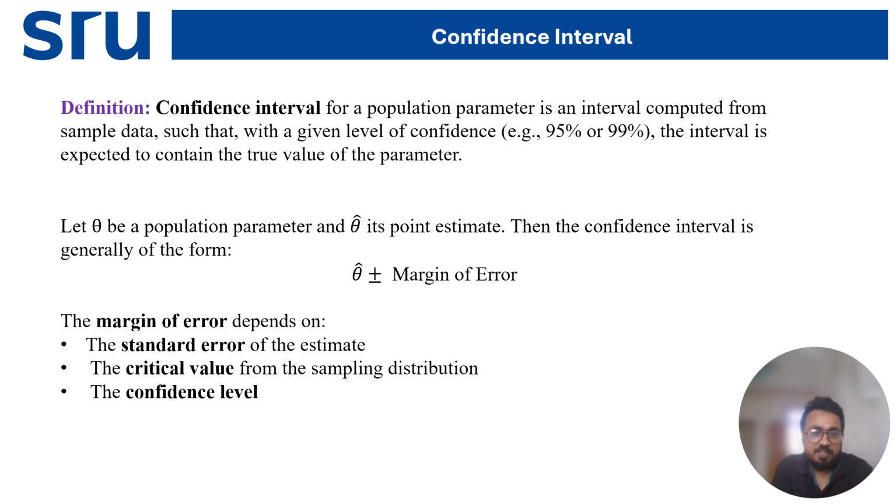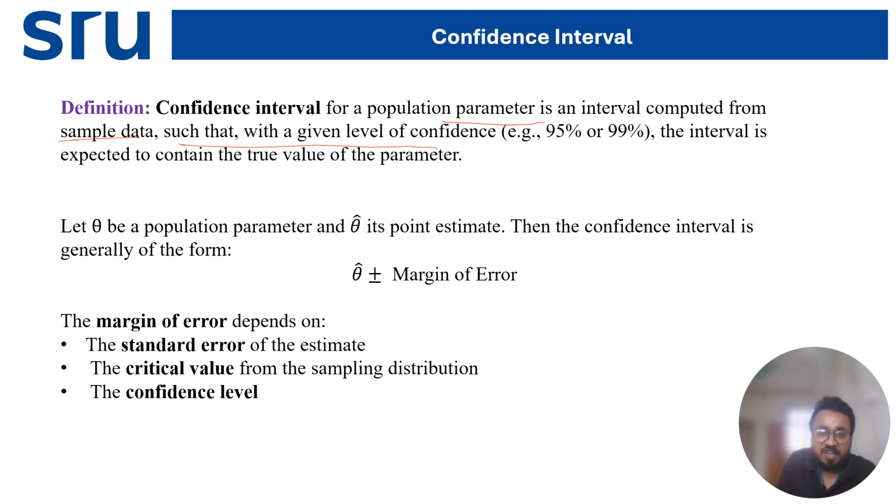So now we will define the confidence interval. The confidence interval for a population parameter is an interval computed from the sample data such that with a given level of confidence, say 95% or 99%, the interval is expected to contain the true value of the parameter. Let theta be a population parameter and theta cap its point estimate.